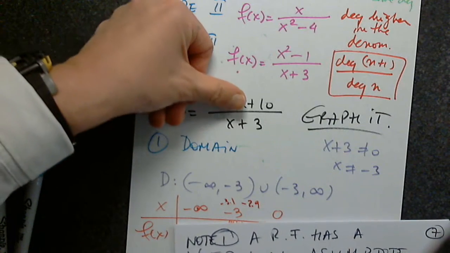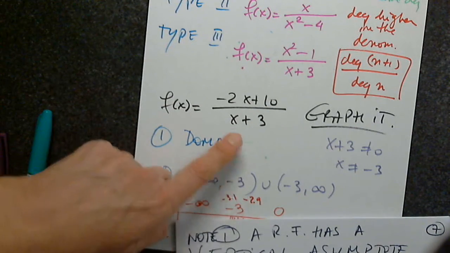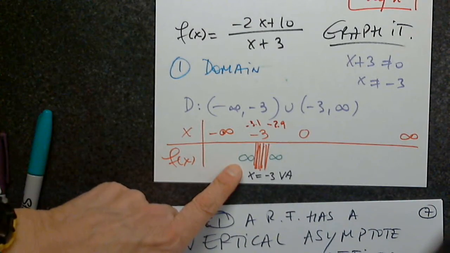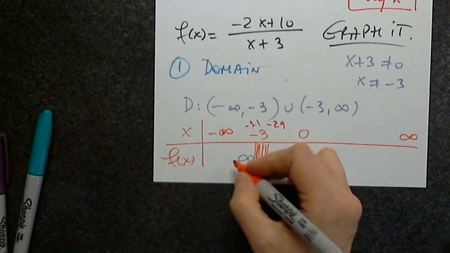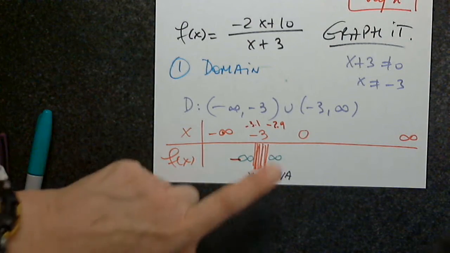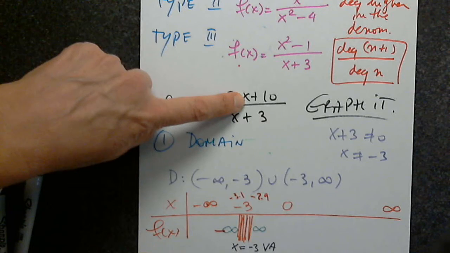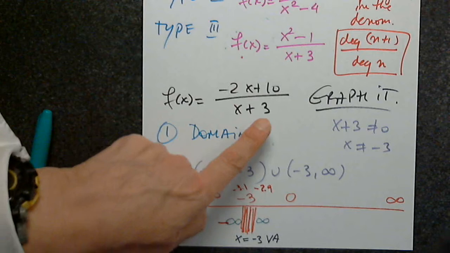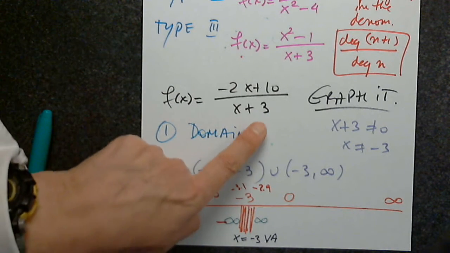-3.1 times -2 is positive number, plus 10 is a positive number. -3.1 plus 3 is negative. Positive over negative, I found the sign. Negative. With -2.9, -2.9 times -2 is positive, plus 10 is positive, but -2.9 plus 3 will be positive, right?